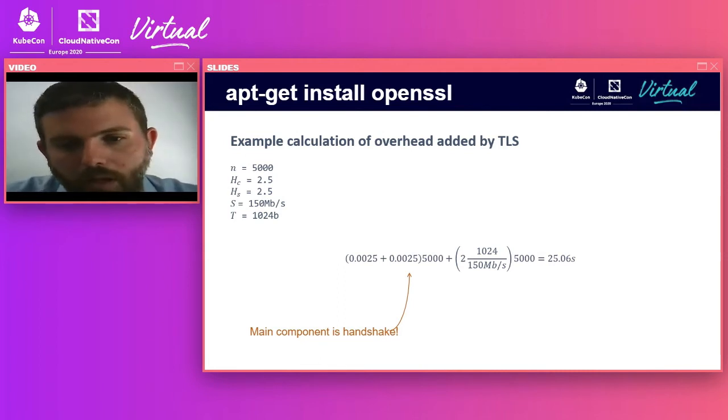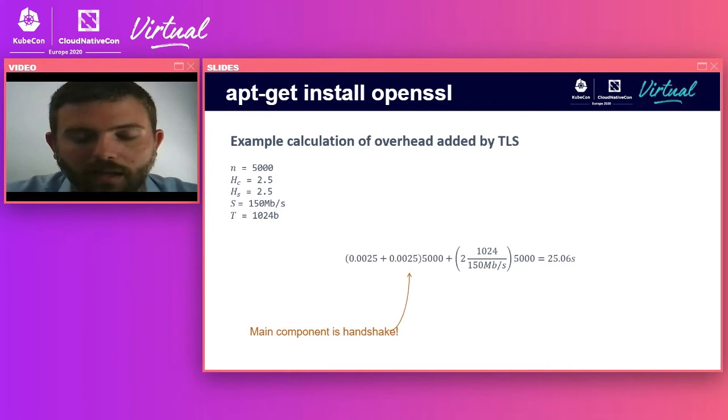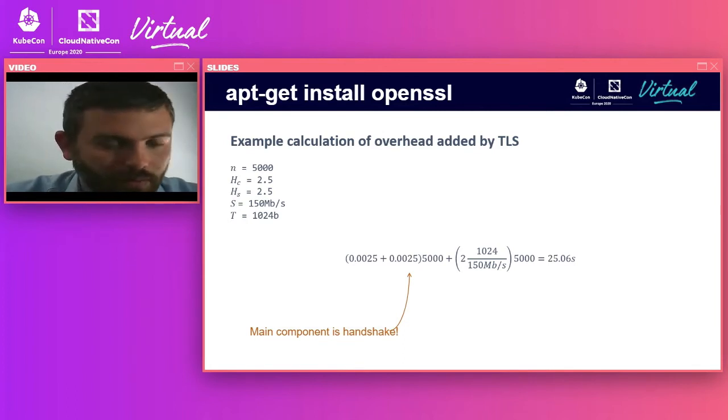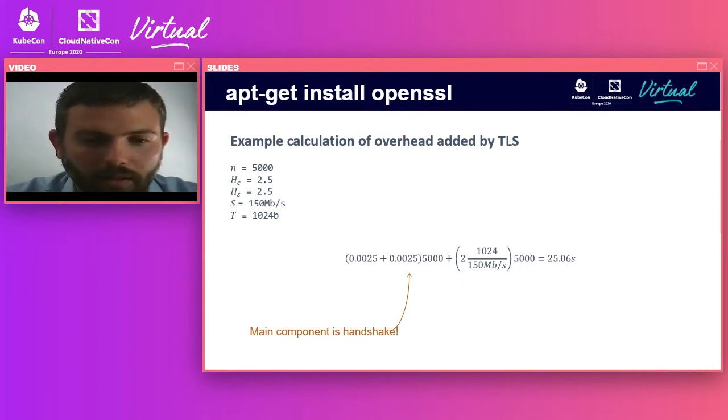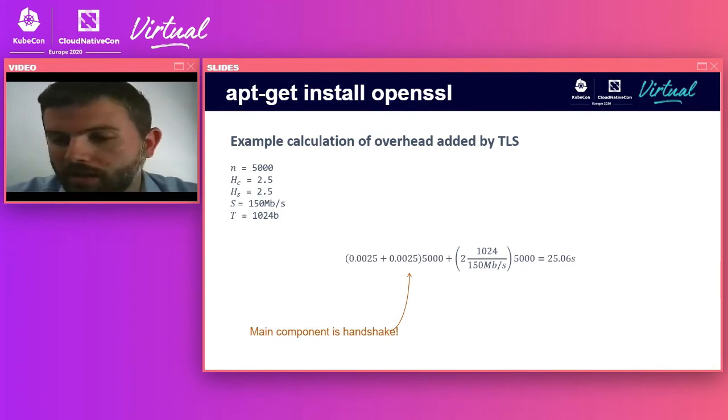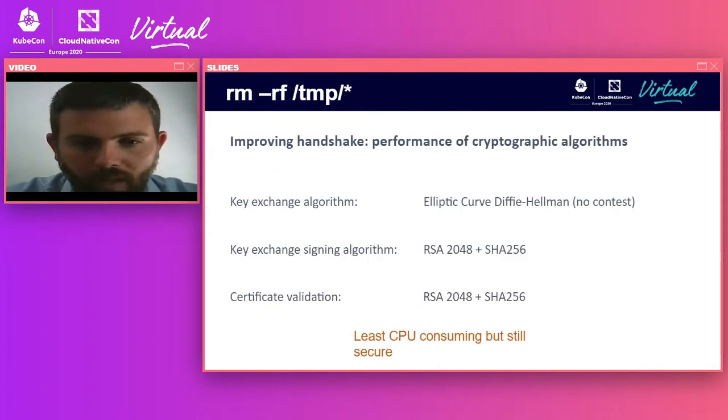When I'm using my formula, I calculated how much CPU time I need for these transactions. I saw that I got 25 seconds for 5,000 requests, which is a lot of overhead, and we understand that the main component here is the handshake protocol itself.